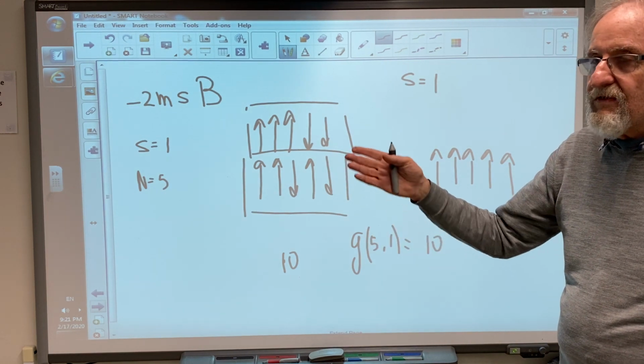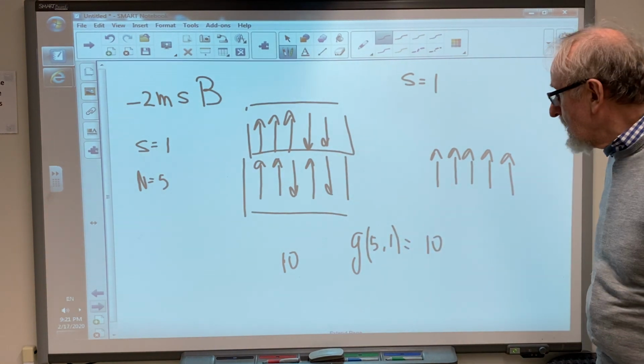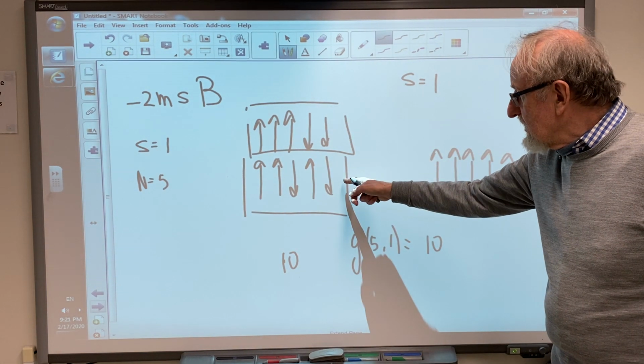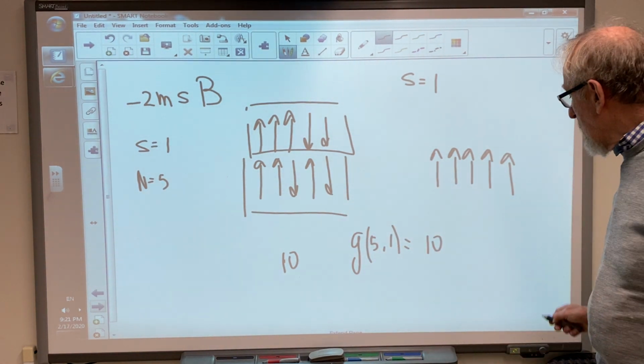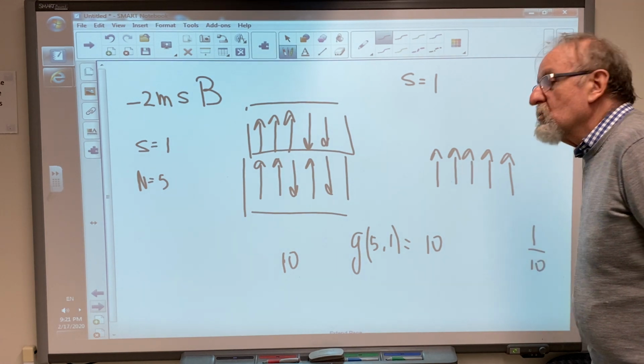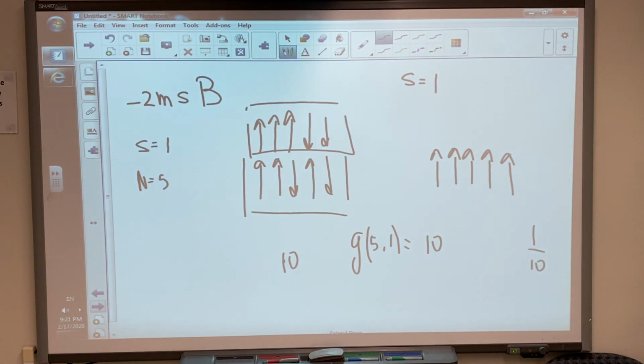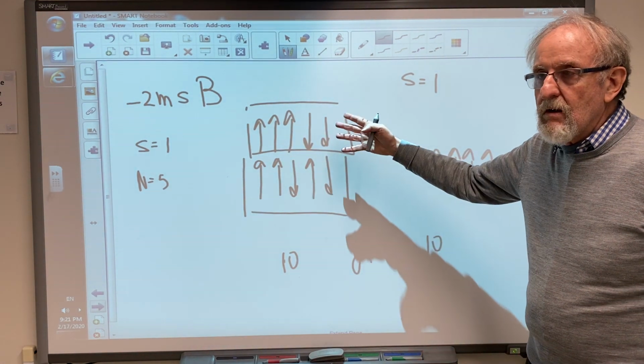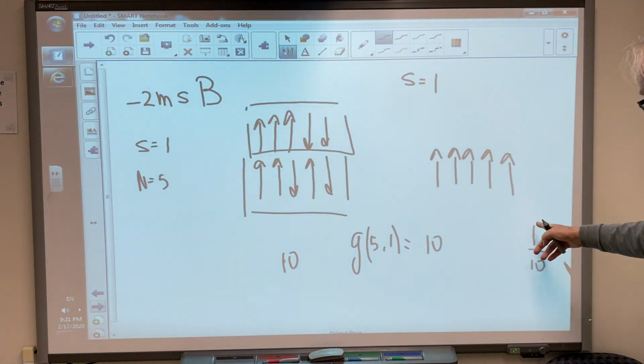Remember 5, 3 is 5 times 4 over 2, so it's 10. And you ask, what is the probability of this state, of this state, or this state? They are all equal. So each one will have probability 1/10. So I imagine that I have many copies of my system, but such that each one appears with probability 1/10. All are with equal probability.